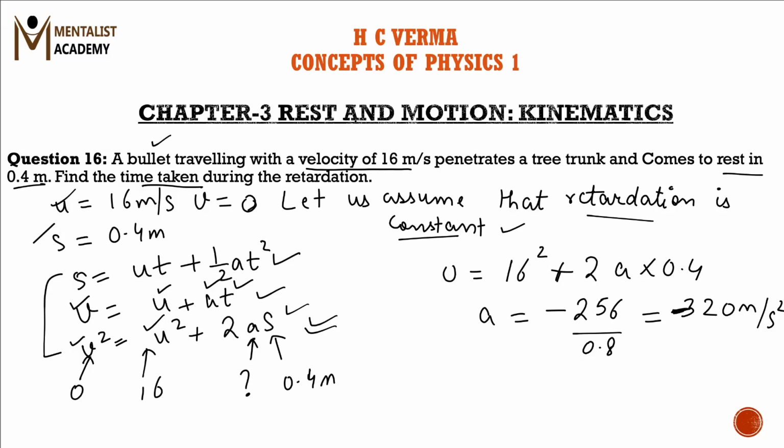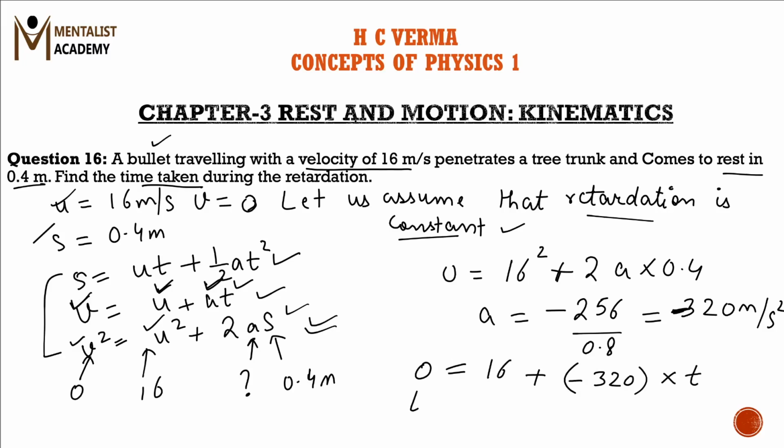Now we have the value of acceleration, we have the value of initial velocity, we have the value of final velocity. So when we will use v is equal to u plus at, we can find the value of time taken during the retardation. So let us put the values in this equation. V is equal to 0, initial velocity is 16, retardation is minus 320 into time.